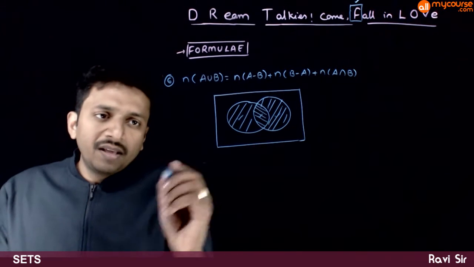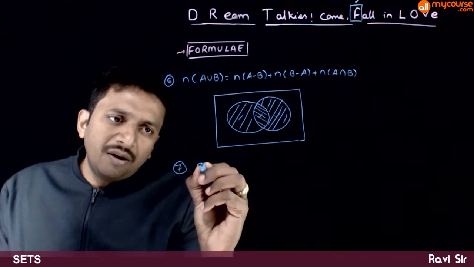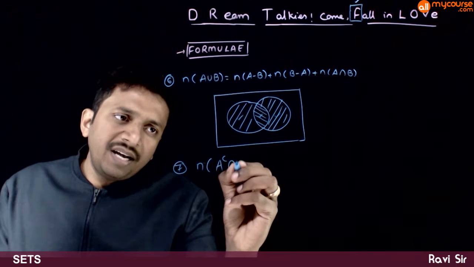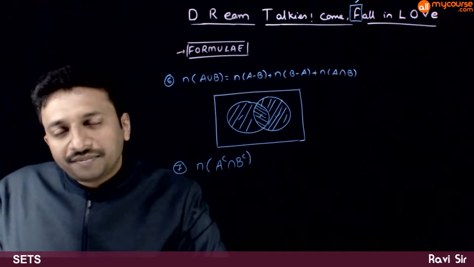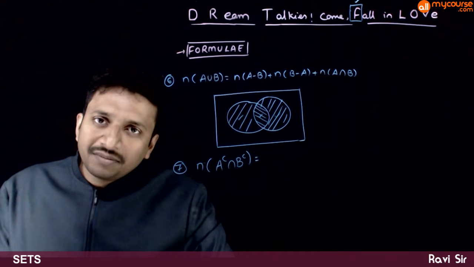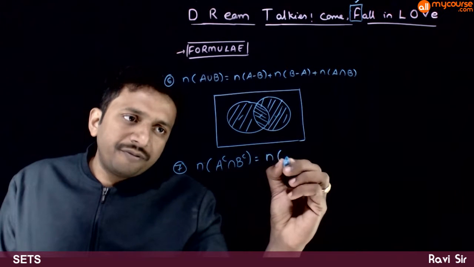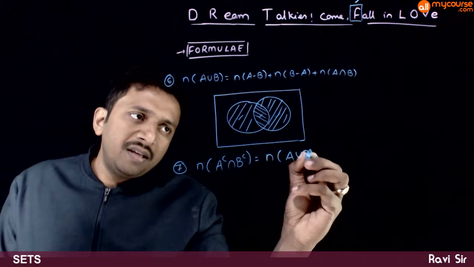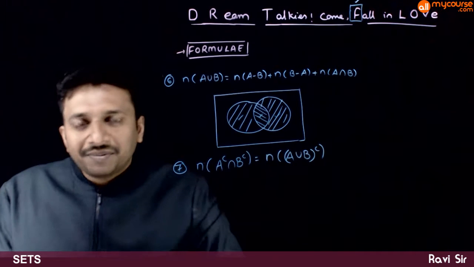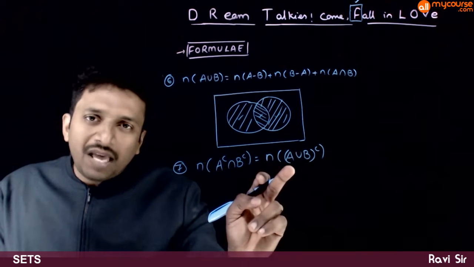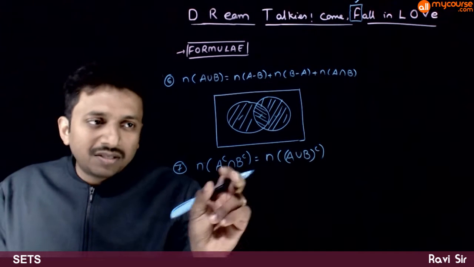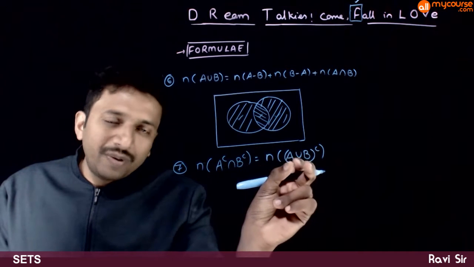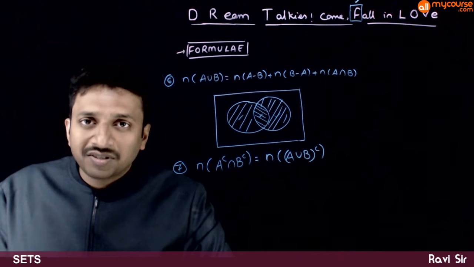And the next formula is n of A complement intersection B complement is nothing but n of A union B whole complement, right? N of A union B whole complement, because A complement intersection B complement is A union B whole complement from De Morgan's laws.